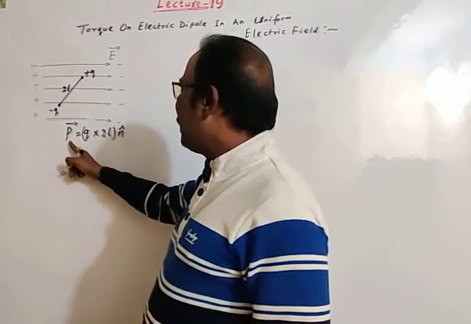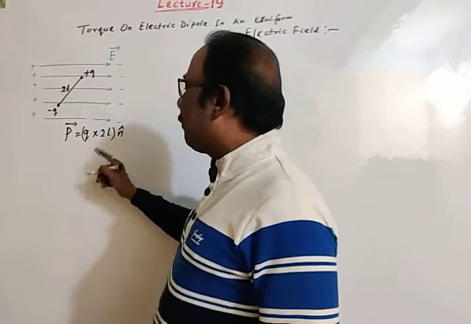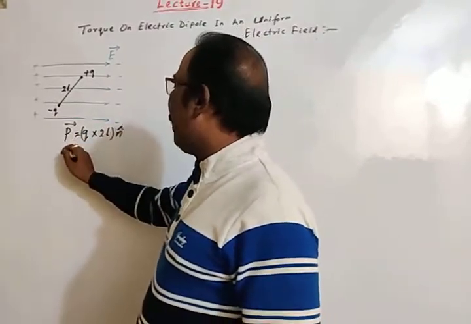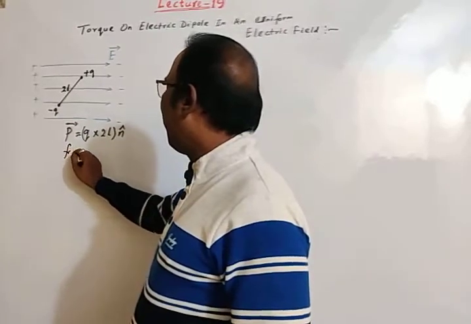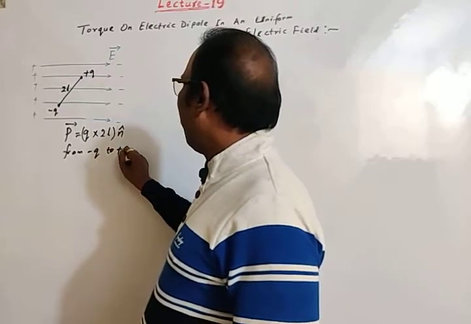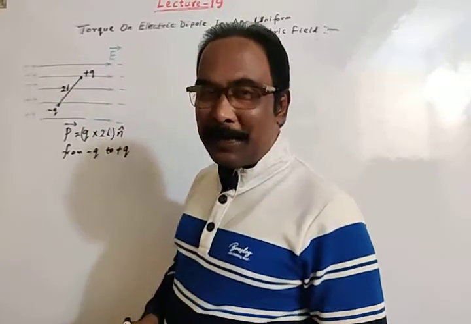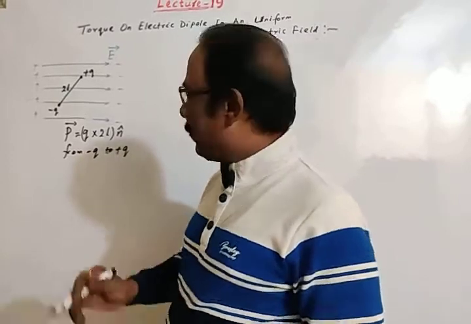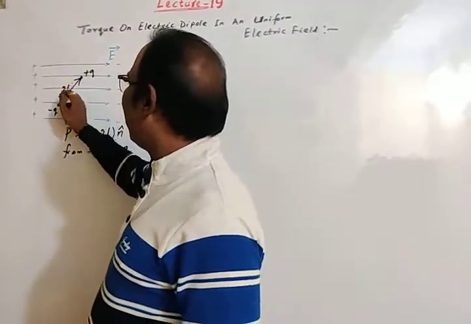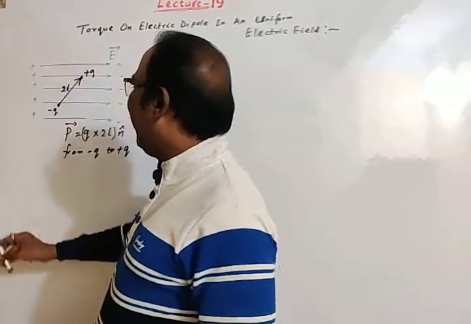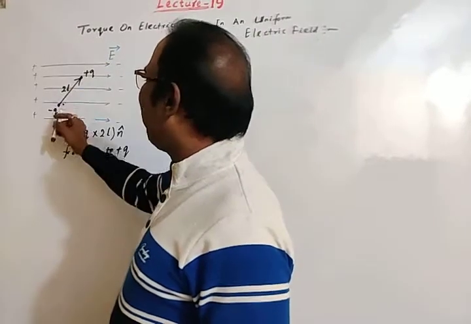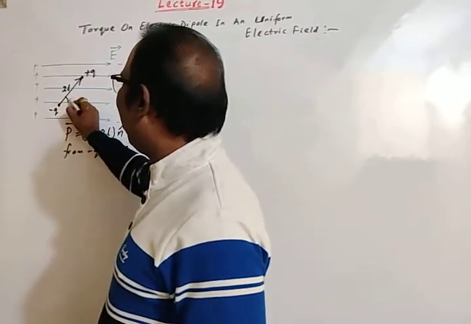If dipole moment is a vector quantity, then this unit vector shows the direction of dipole moment, and the direction of dipole moment is from minus q to plus q, as we have discussed in previous lectures. This is the direction of P. This is the direction of electric field and this is the direction of dipole moment. Then this is angle theta.